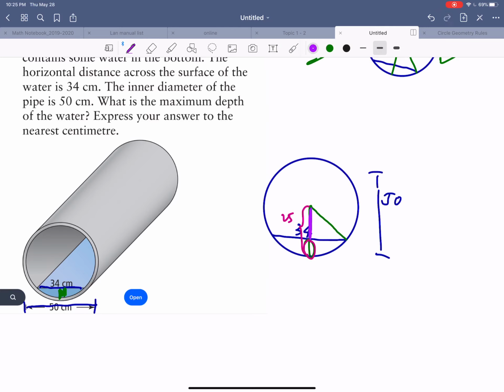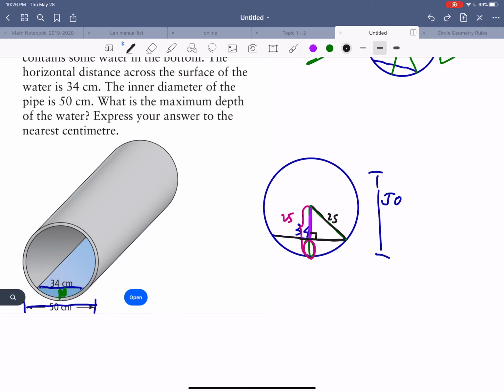So can you know the purple? Yes, because it's within a triangle. We know that this is 90 degrees. We know that this is radius, which is 25 too. And we know that this part is actually half of 34 because we are told that this is 34 and this is a perpendicular bisector. So this plus this will equal 34.